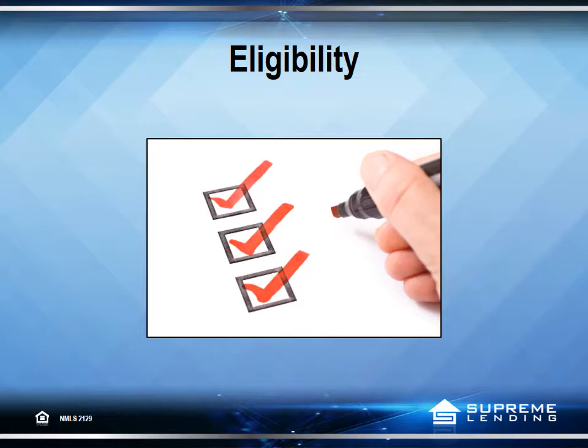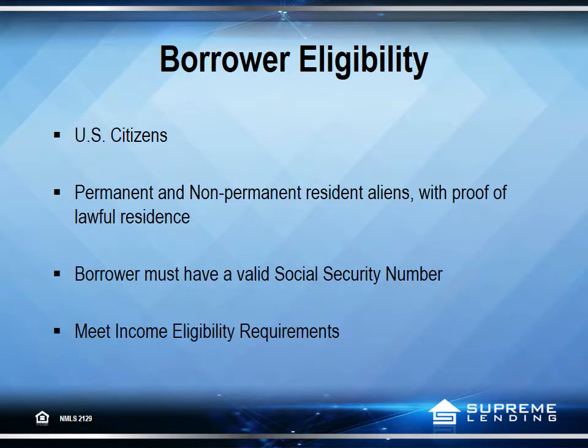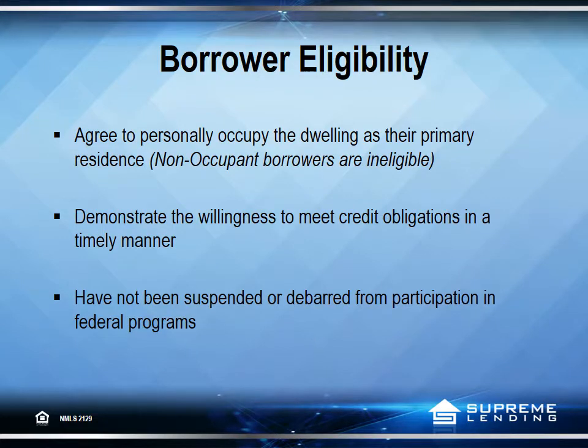Now we'll take a look at eligibility. Borrower eligibility includes U.S. citizens, permanent and non-permanent resident aliens with proof of lawful residence. The borrower must have a valid Social Security number, must meet income eligibility requirements, must agree to personally occupy the dwelling as their primary residence.